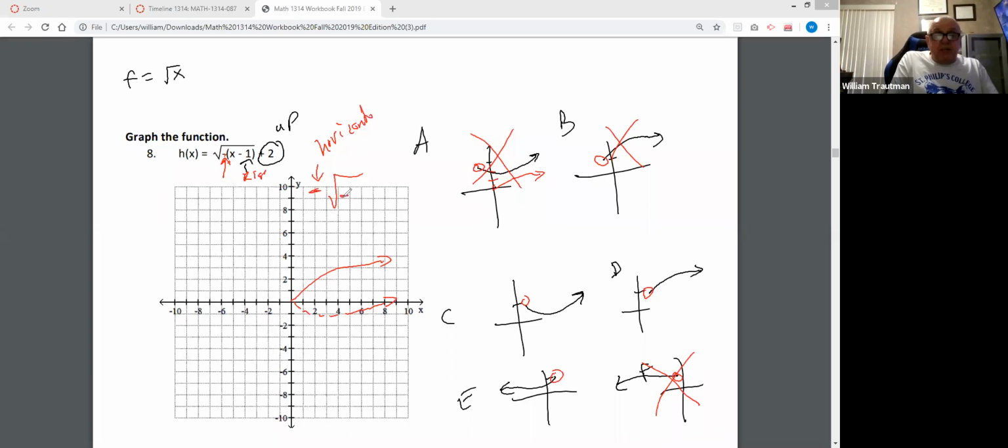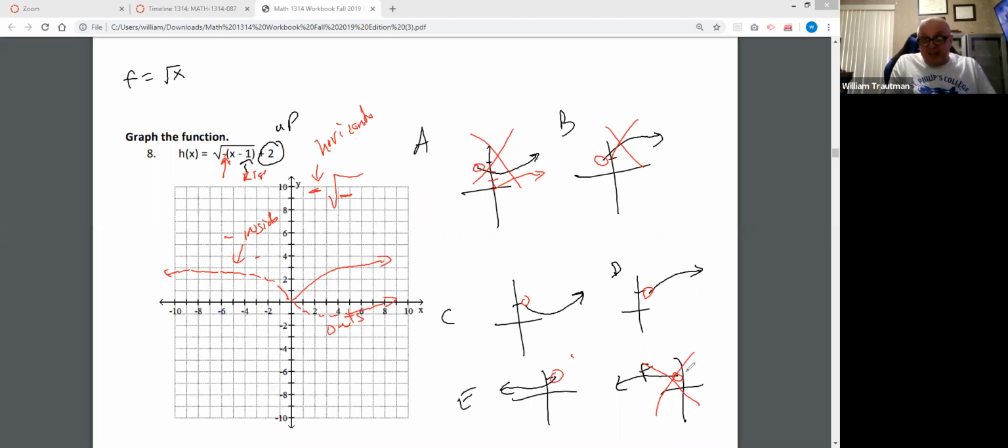But a negative on the inside flips it on the vertical axis, on the y-axis. This is the negative on the outside. So the negative is on the inside of the function, so it should look like this. And the only one that looks like that is none of them.